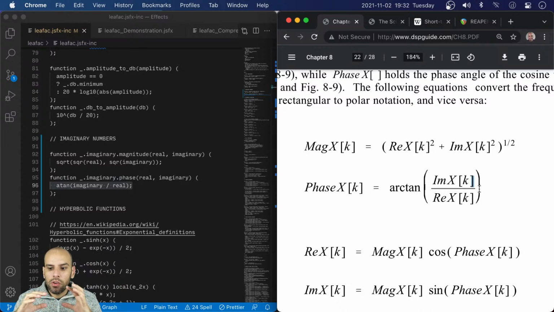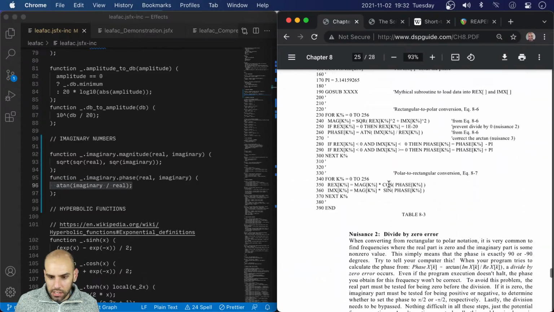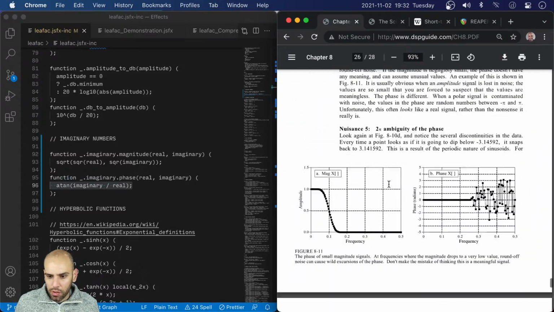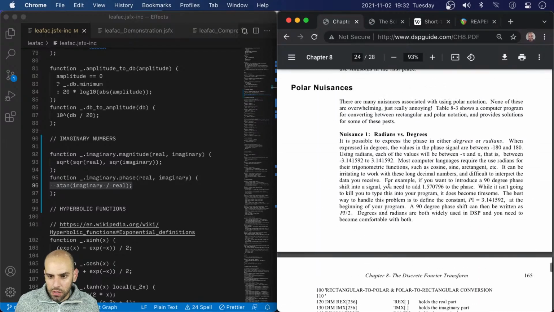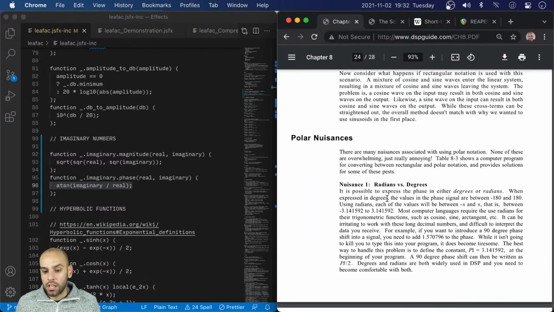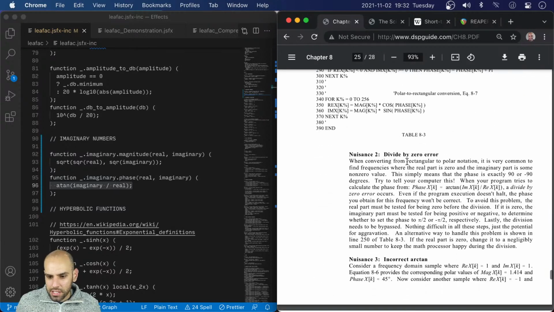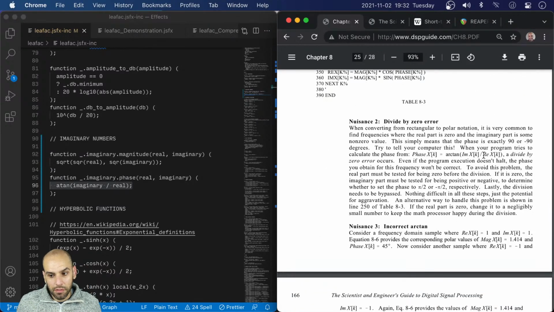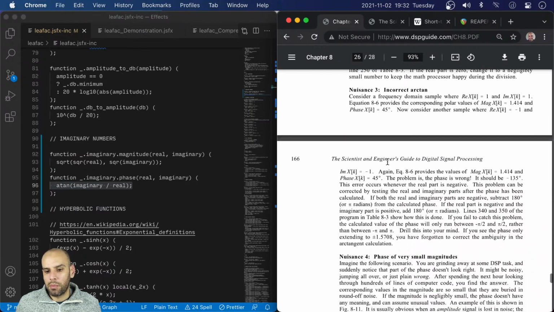So there is a lot of ambiguity in the result of this function, and there are a lot of things you have to think about, like if this number is negative and the other one is positive and blah, blah, blah. I think the section is called nuisances of the polar representation. Yeah, polar nuisances. And you have to think about what if the real part is 0, then you don't want to divide by 0, and blah, blah, blah.